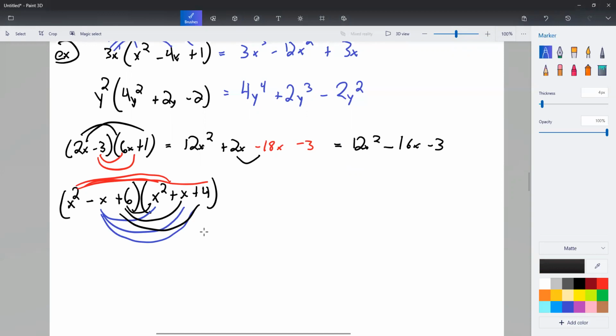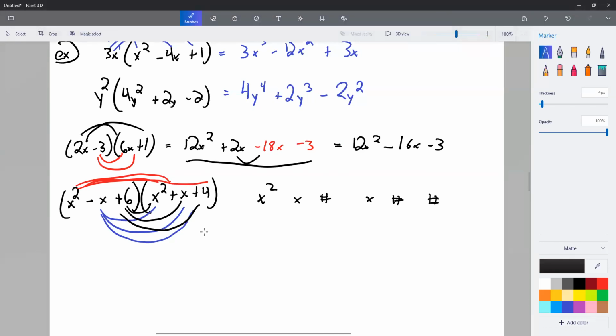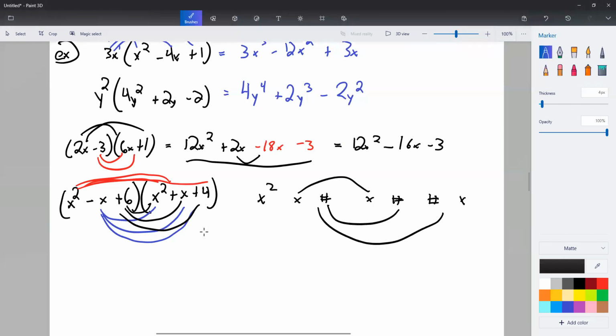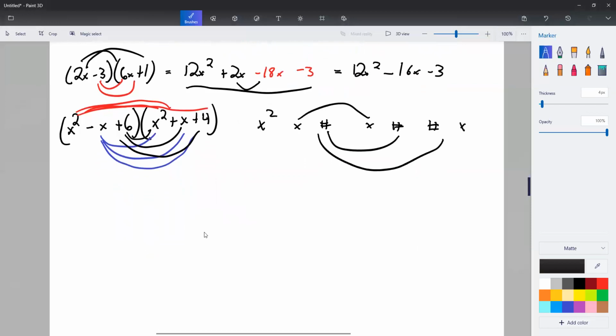The only problem is when you do that, you end up with a list where you have x squared, x terms, numbers, and then it just keeps going. Then you have to search and say, oh, this x and this x go together, these numbers all go together. It's a lot of bookkeeping, a lot of keeping track of things. That's all well and good if that works for you. One other thing I want to show you is another way this works.